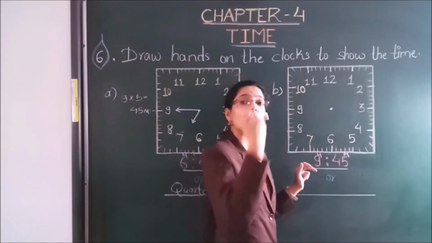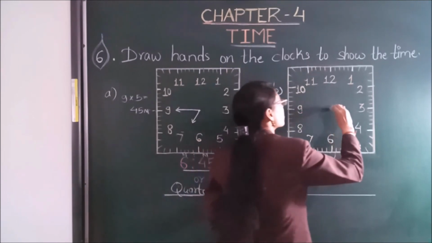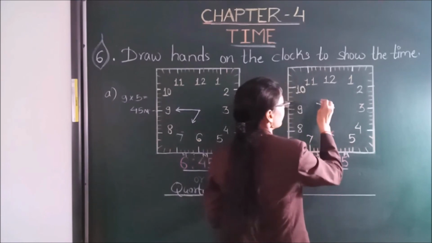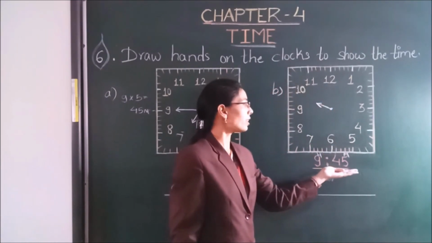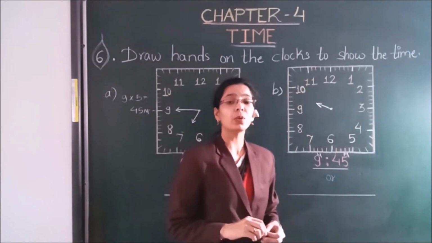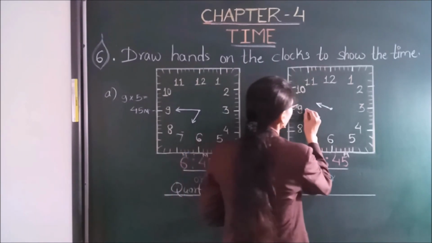That hour hand has crossed 9. So after 9, where is 9 here? So we will draw like this. Okay, then 45 minutes. Where we have to draw the minute hand at 9.